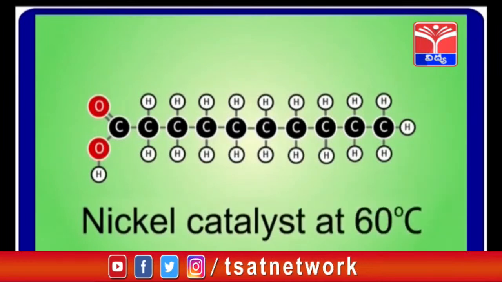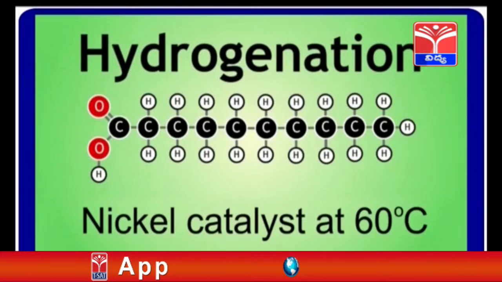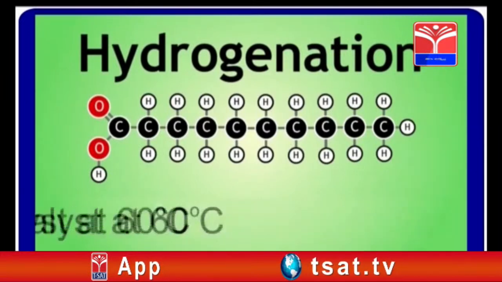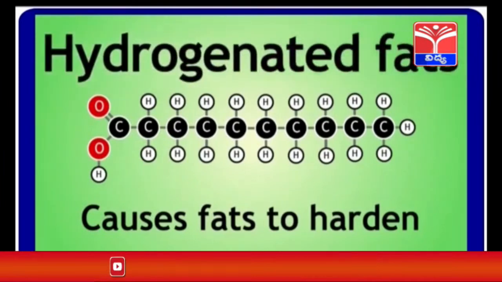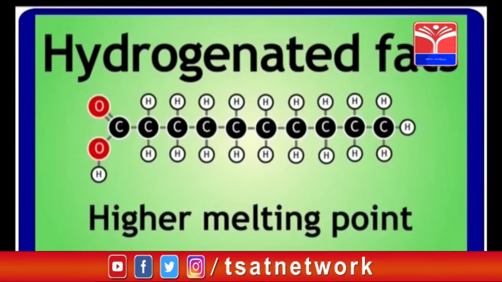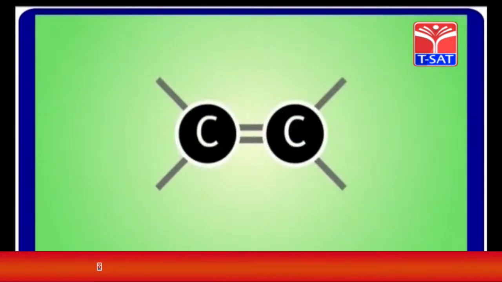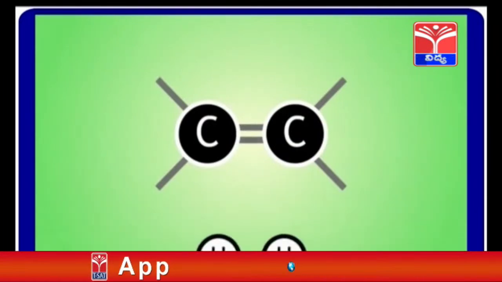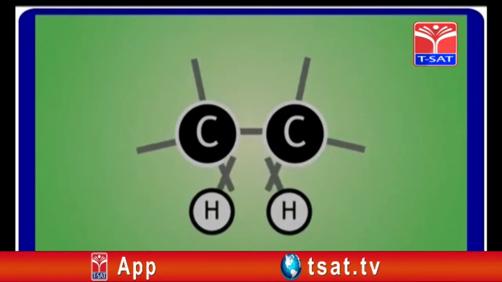The addition of hydrogen takes place in the presence of nickel catalyst at 60 degrees Celsius. This process is called hydrogenation. Due to hydrogenation, fats are hardened and the melting point of the fats increases, so that they will be solids at room temperature. The addition of hydrogen takes place in the presence of nickel catalyst.